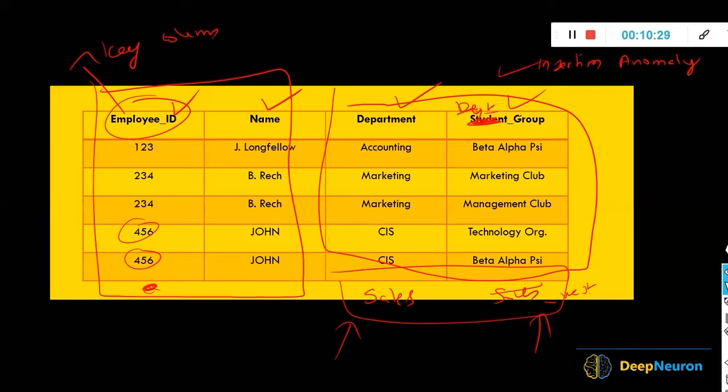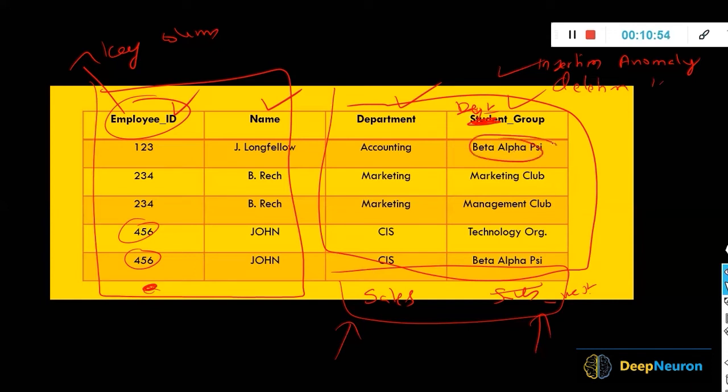The next one is the deletion anomaly. So what is deletion anomaly? The deletion anomaly is the unintended loss of data due to deletion of other data. For example, you want to delete this group.